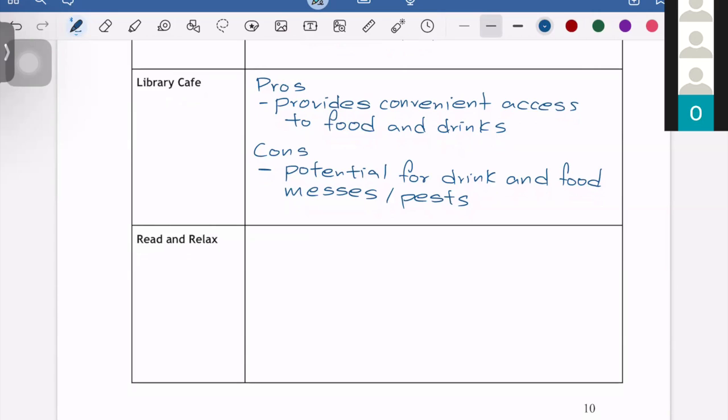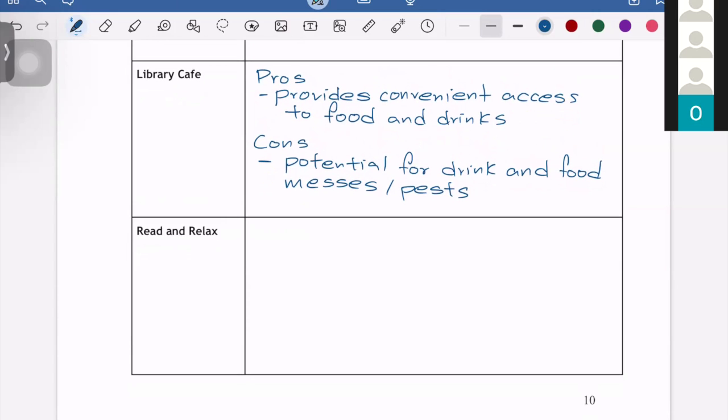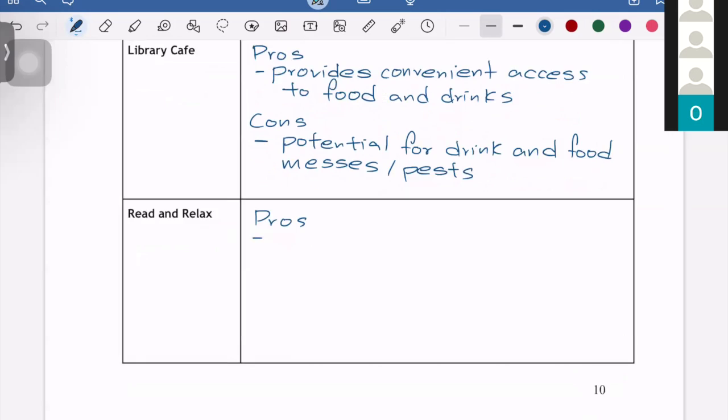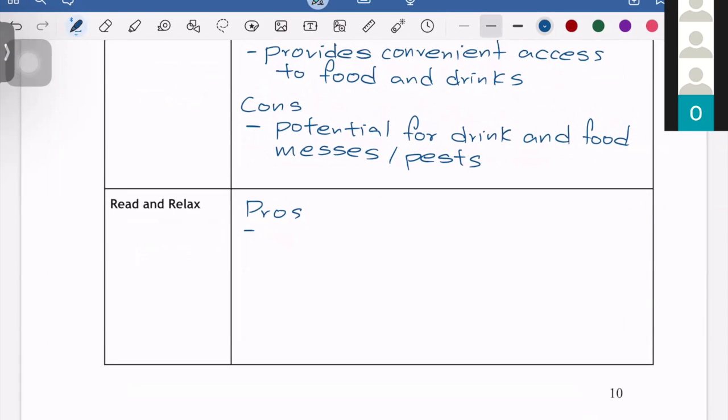Next, read and relax corner, a pro for this.